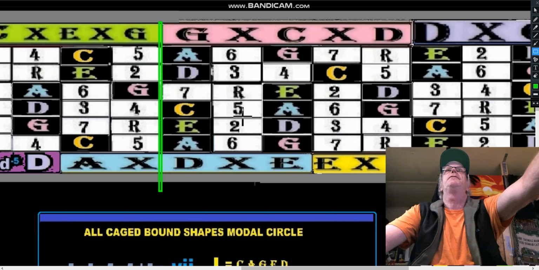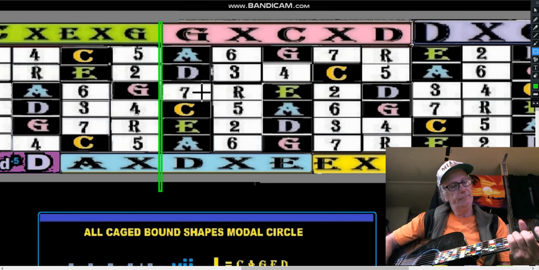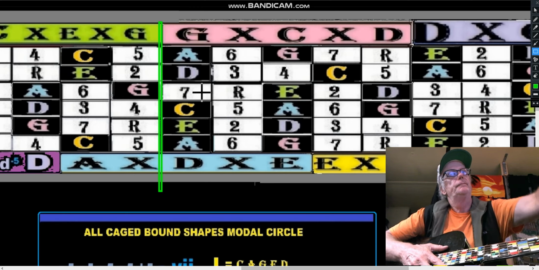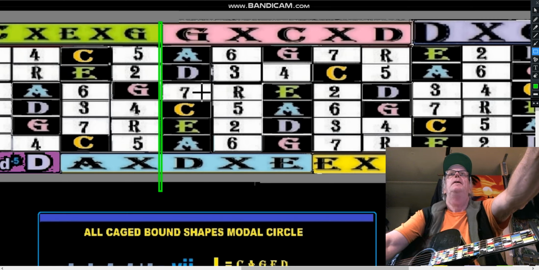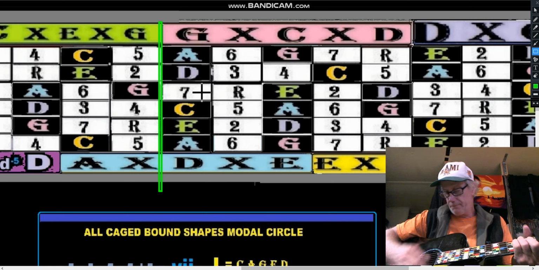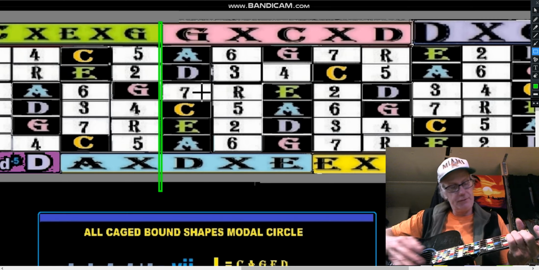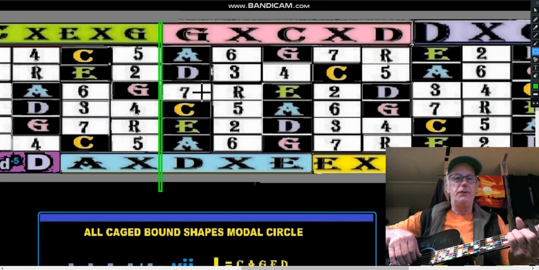The second, the fifth, and the seventh of A. The inversion that was ringing through was actually first inversion, because I missed the bottom strings there, but really the action strings are second inversion.